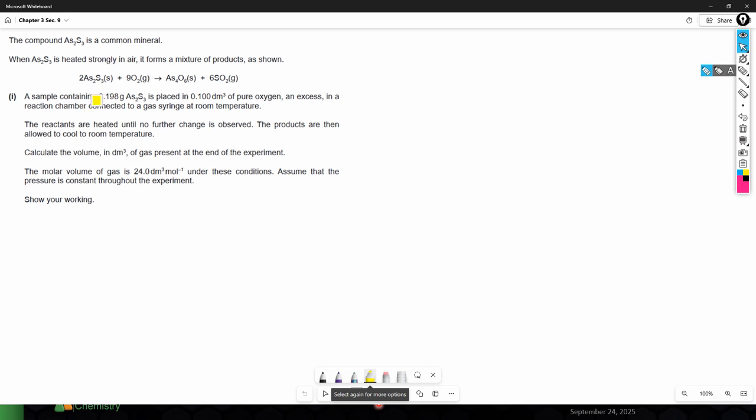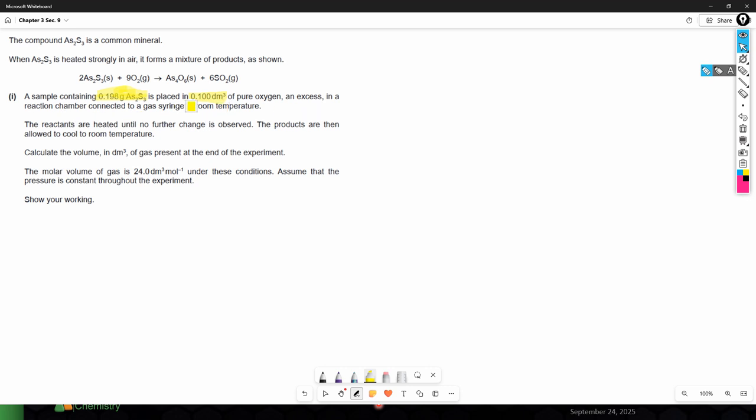A sample containing 0.1898 grams of As2S3. I'm going to highlight this because we'll probably need this number later. Maybe a little too much highlighting, but that's okay. Is placed in 0.1 cubic decimeters of pure oxygen, which is an excess, sorry, in a reaction chamber connected to a gas range at room temperature.